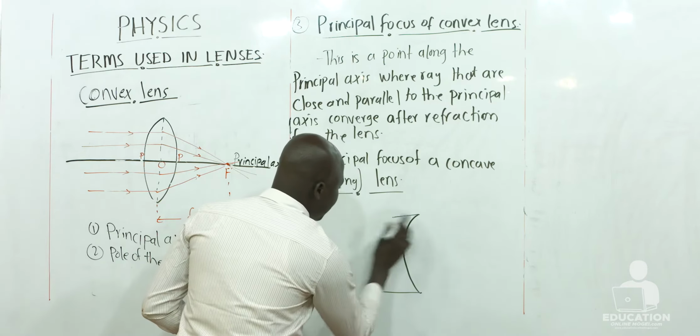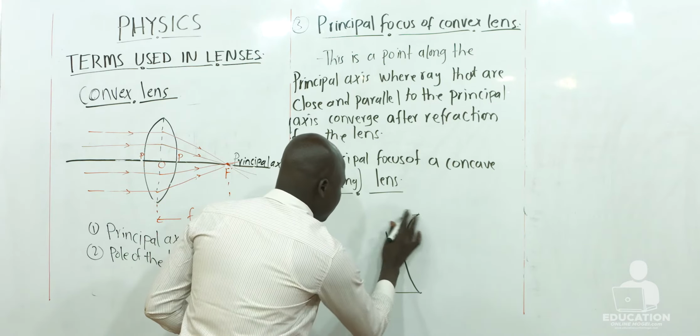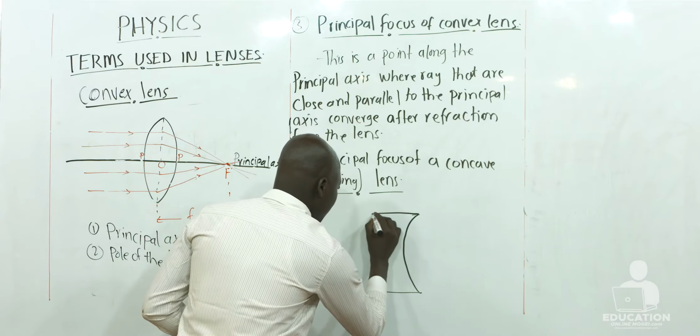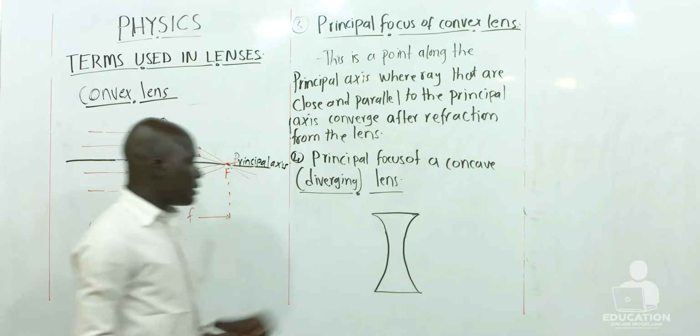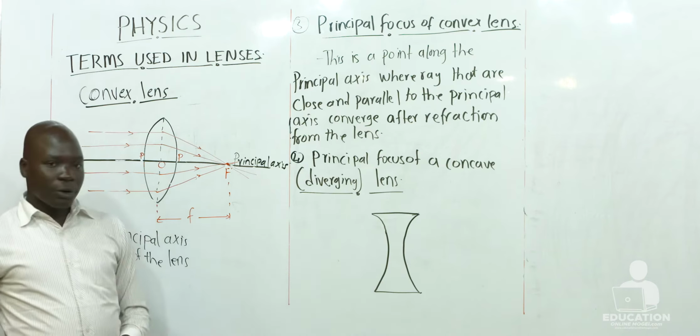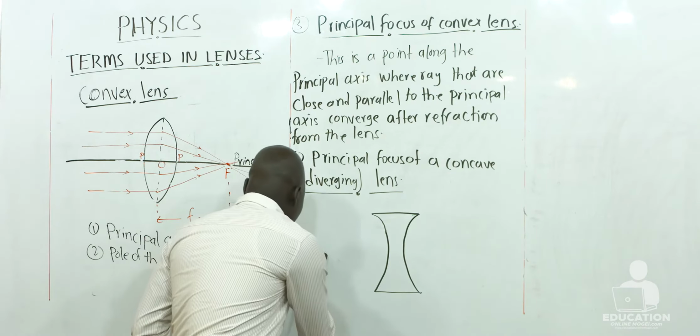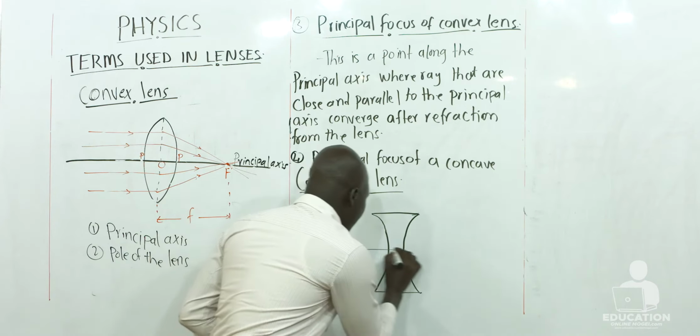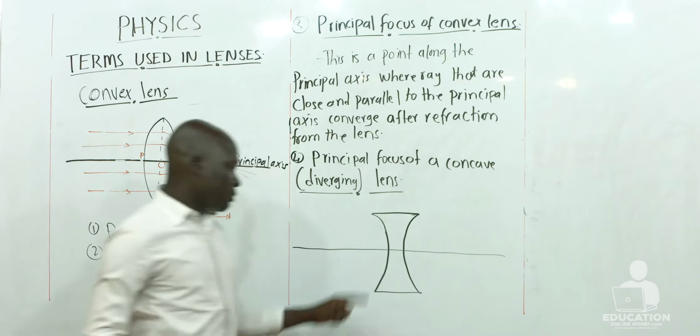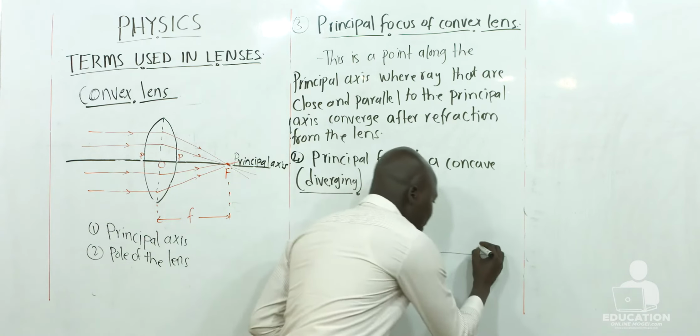Consider this concave lens. A line that passes through its center is what we call the principal axis.